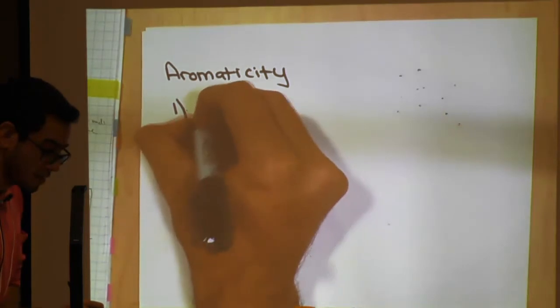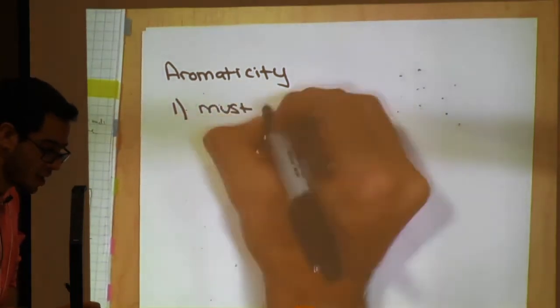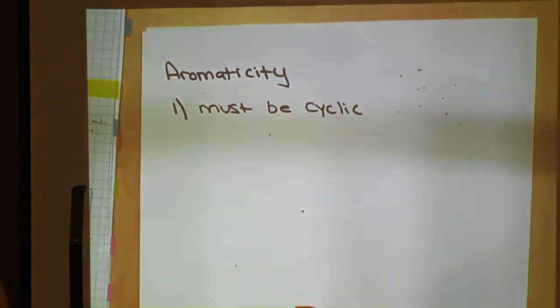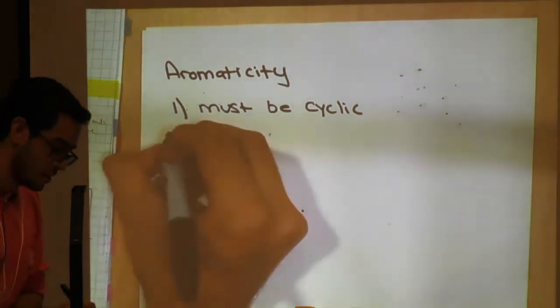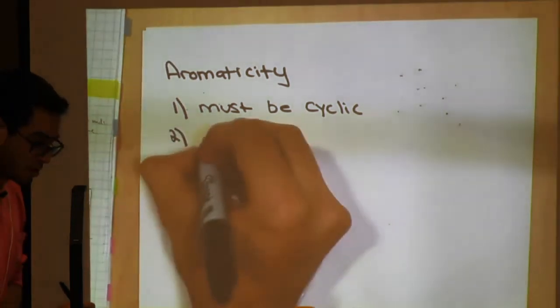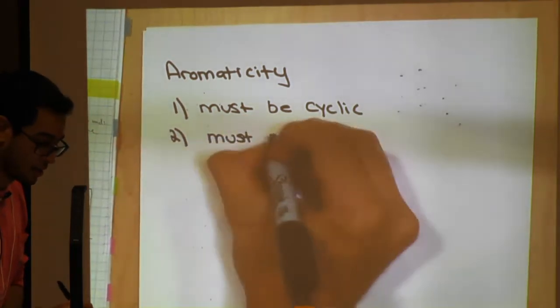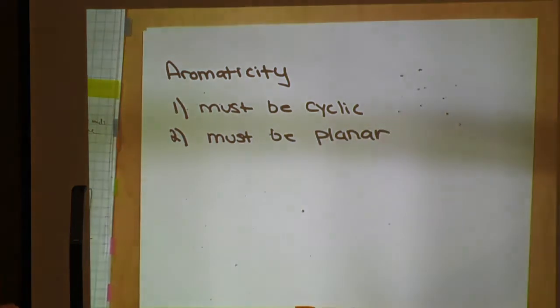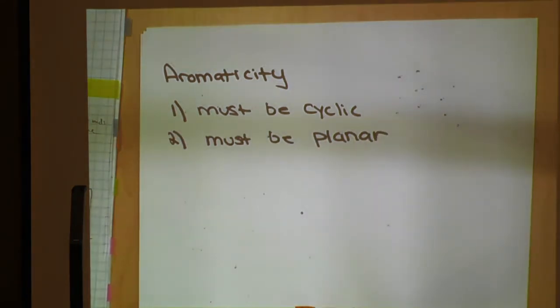One is that the structure in question must be cyclic. If it's not cyclic, you already have your answer. It's not going to be aromatic. Two, the structure must be planar, so looking at the stereochemistry, make sure there are no dashes, no wedges, okay?